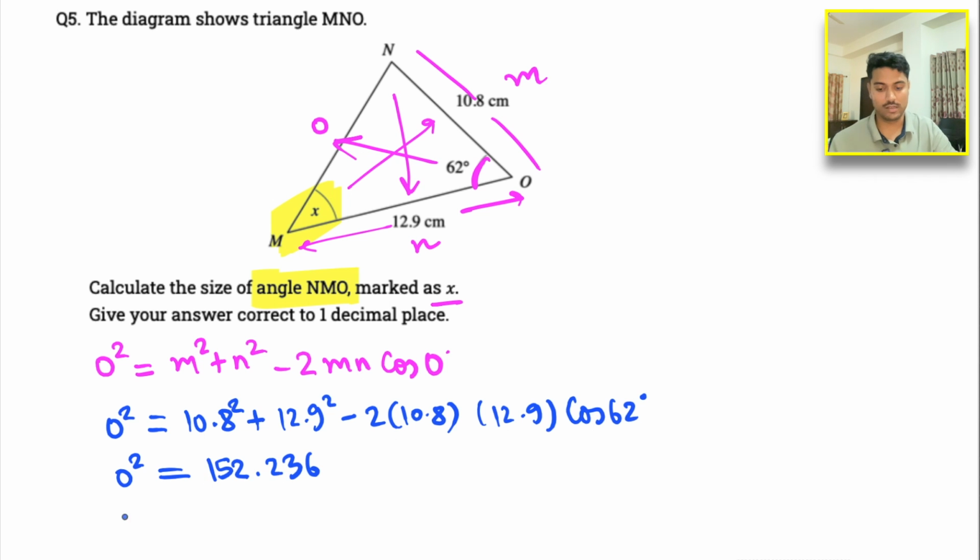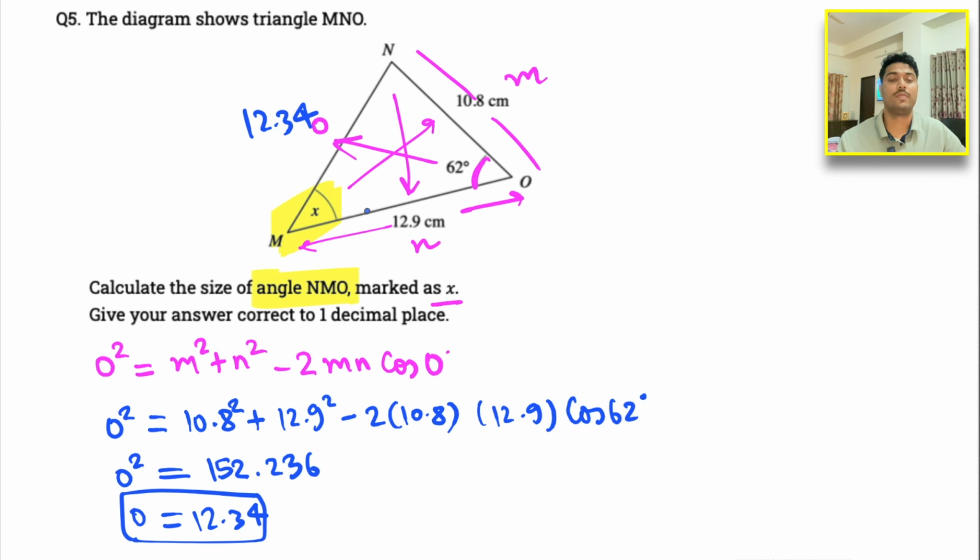Under root of this answer, which is o, that is 12.34. We have to work out the size of angle X. So now we can apply sine rule here. We can write sine X upon 10.8, which is equal to sine 62 degrees upon 12.34.